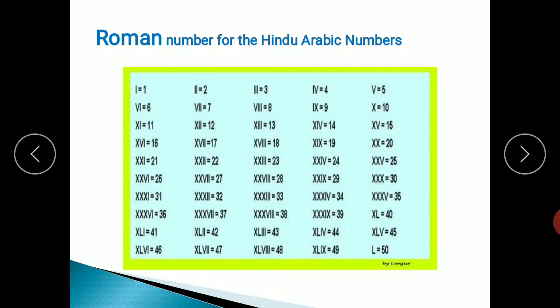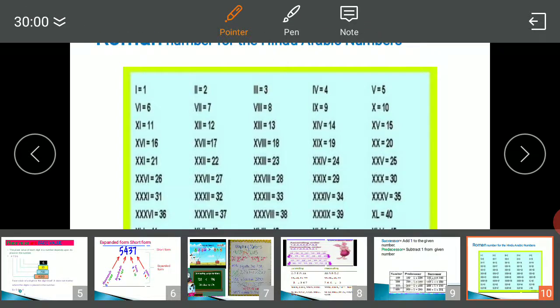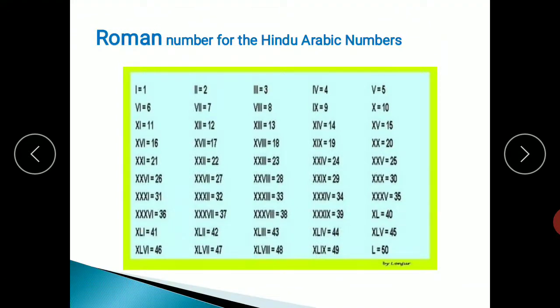Then V is 5, 2 times I is 2, 5 plus 2 is 7. Then V is 5, 3 times I is 3, 5 plus 3 is 8. So understand, 5 plus 3 is 8. The 3 times rule is completed.